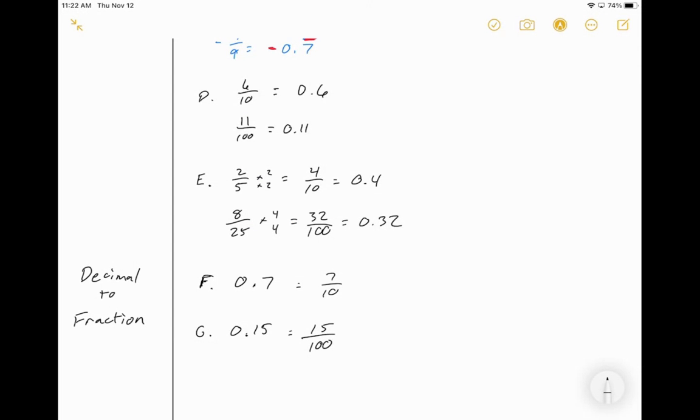What number goes in both 15 and 100? Good, yeah. So you guys are showing me, right? Okay, 5. So let's divide by 5 on top and bottom. I end up with 3 out of 20. So yeah, it's easy to set it up, and then the hard part is simplifying it down into the reduced form. Does that make sense? Okay.